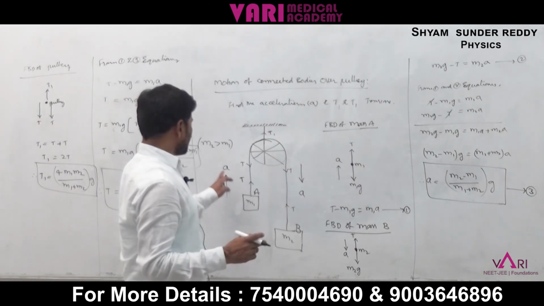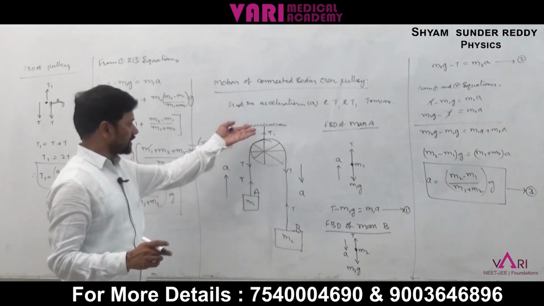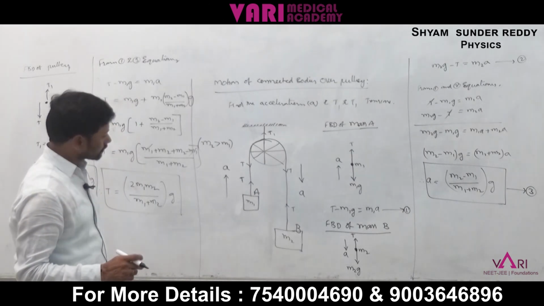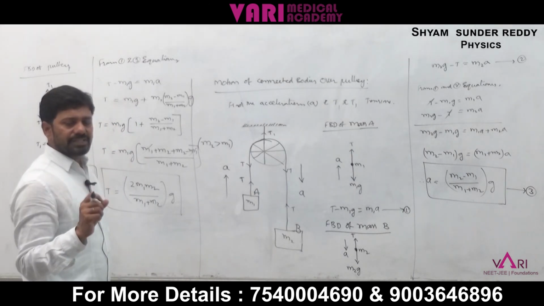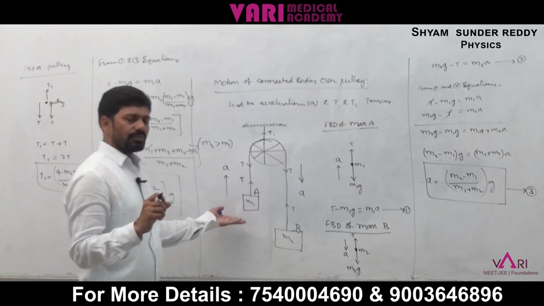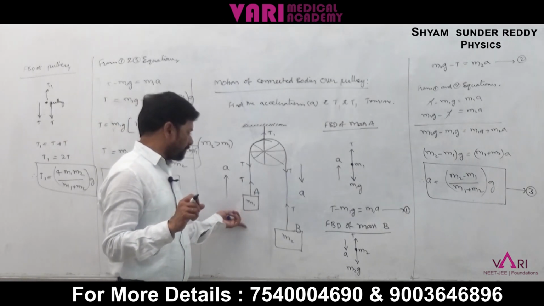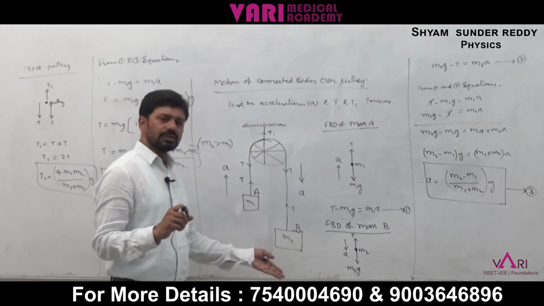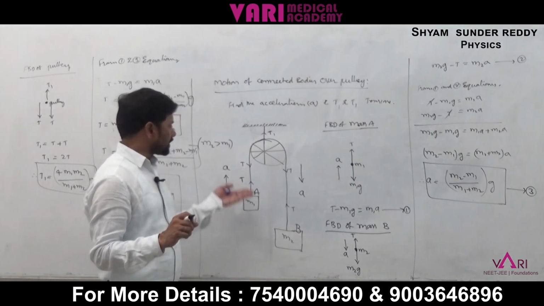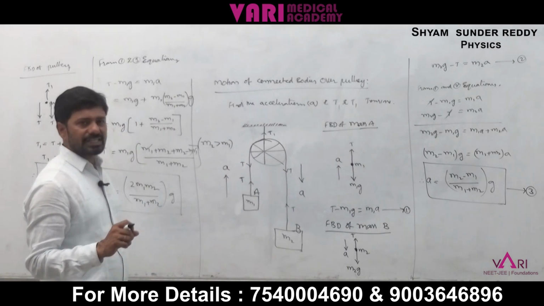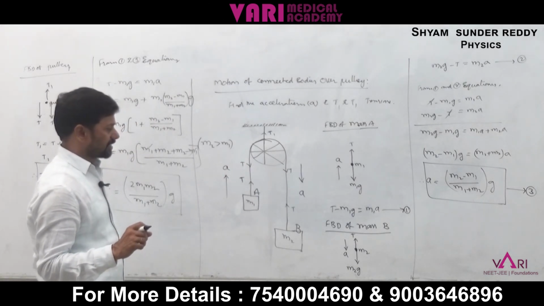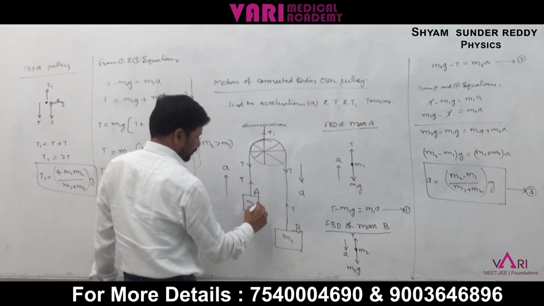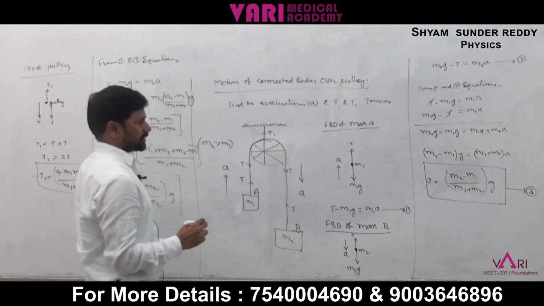Yes, we are getting all values: tension T, acceleration as well as T1. Based on this, if they give a problem in which m1 is equal to 5 kgs and m2 is equal to 8 kgs, and ask to find the tension and acceleration, we will do one problem on this.